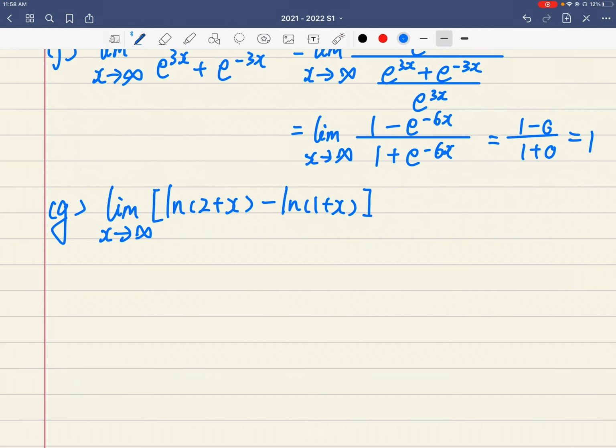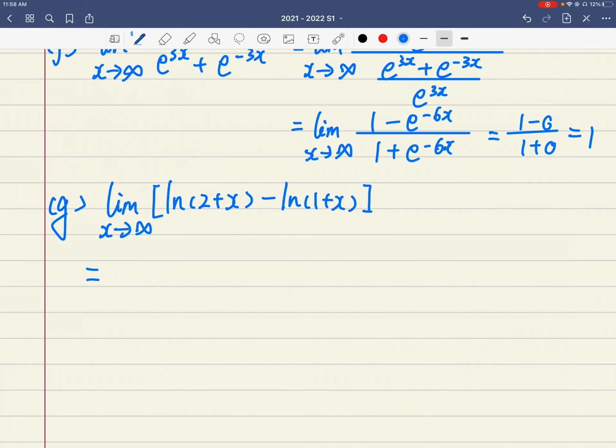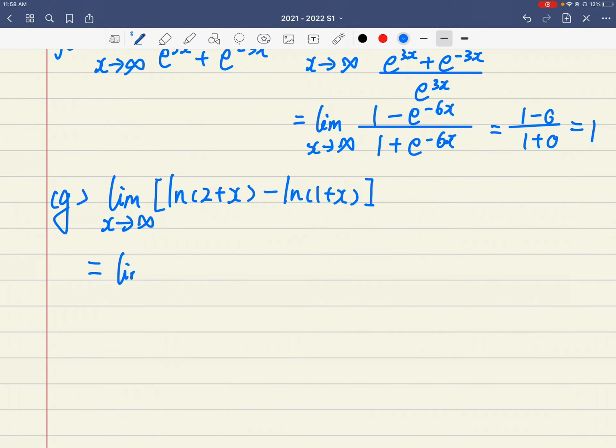So again, it's infinity minus infinity. Out of all the questions in problem 1, we create fractions, so for ln, we also create a fraction. Remember ln a minus ln b is ln a over b, so it is ln of (2 plus x) over (1 plus x).